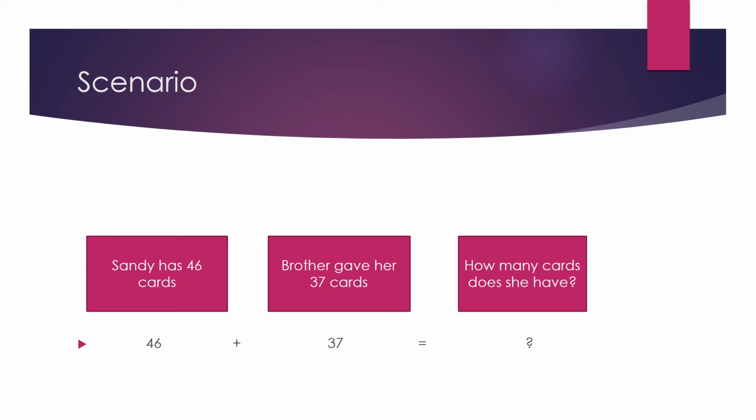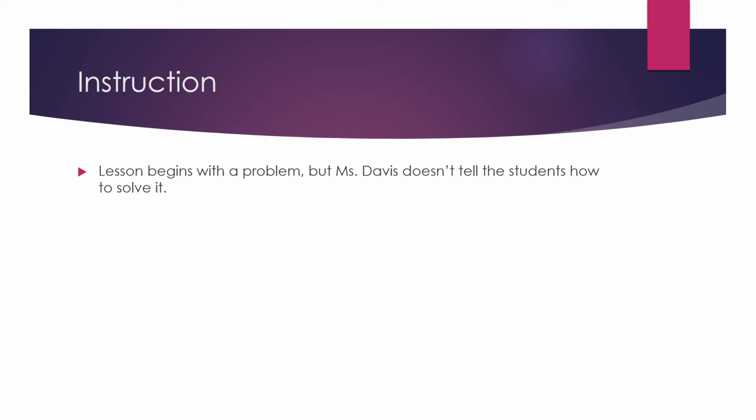Now let's think about this. The lesson begins with a problem, and Mrs. Davis does not tell the students how to solve it. That's something I think we need to get used to, because most times in a math class what we've seen is a teacher puts a problem on the board and models how to solve it, instead of letting the children figure out what the problem is about.